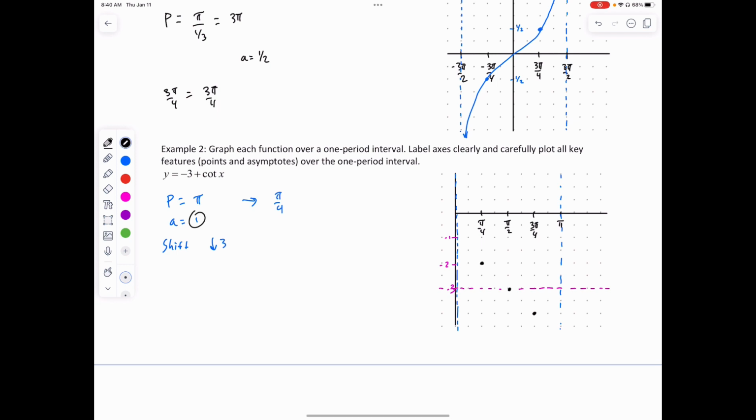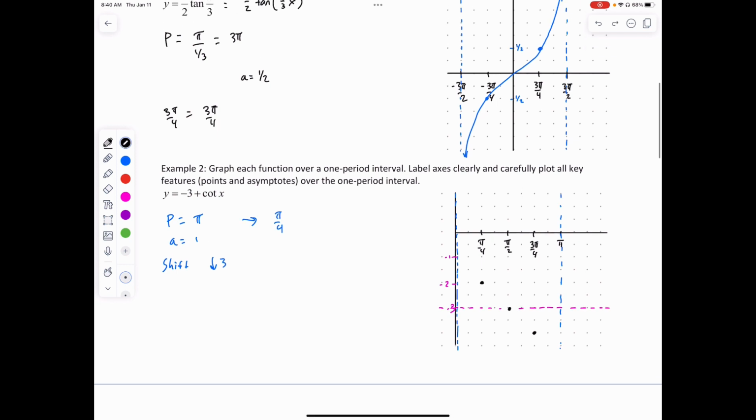And because a is still 1 in this problem, that hasn't changed. So it's going down here to a -4 value. And so to connect these, it works the same way. We're going to start at the asymptote, come through this guy, and then end up down here. Something like that.